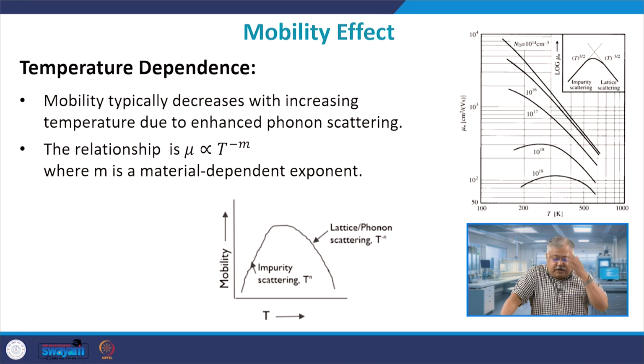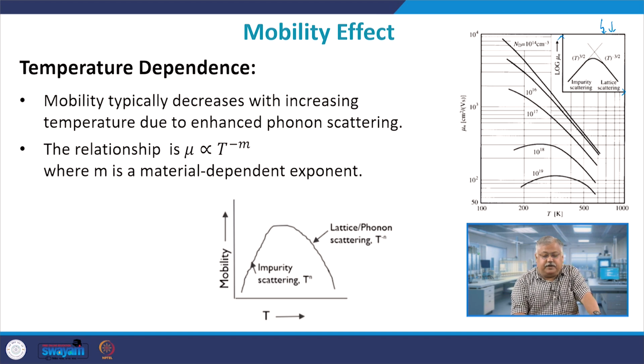Now, if you look at the temperature dependency of mobility, then quite interestingly, look at this diagram here on the top right corner of your screen, it is basically plotting log of mobility versus 1 by temperature. This is 1 by temperature which is being shown here. So, when your temperature is very low, let me just give you a brief idea about this particular point.